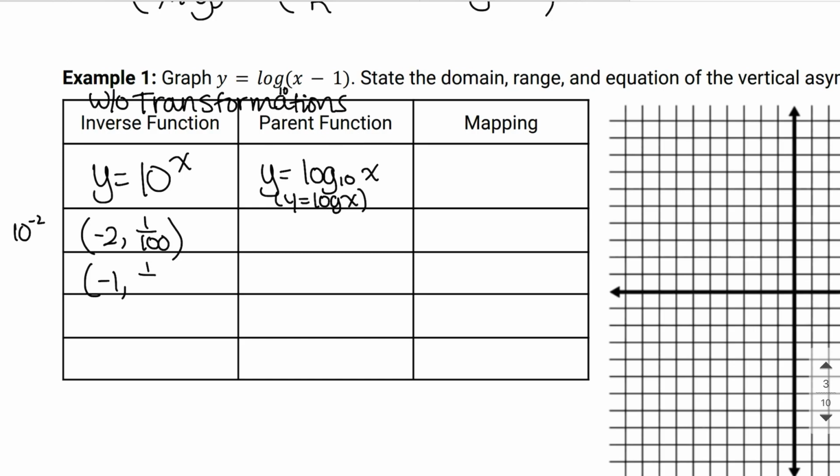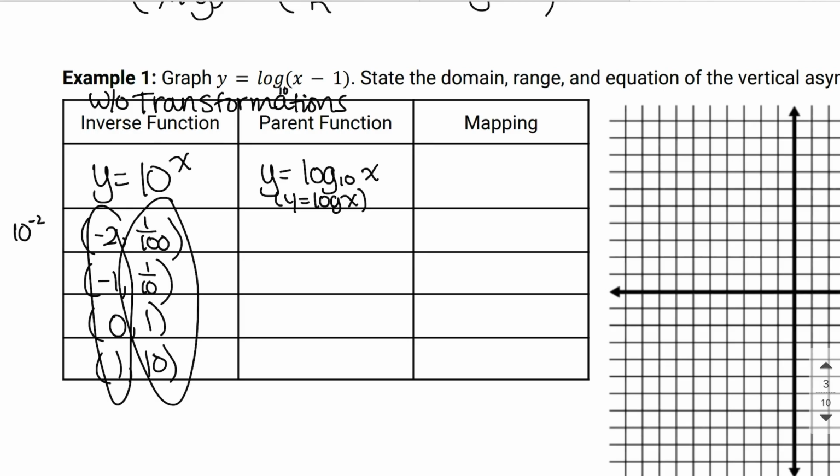If my input here is -1, then my output would be 1 over 10. If my input is 0, my output would be 1. If my input is 1, my output would be 10. If my input is 2, my output would be 100, et cetera. Remember, these are the exponents; this is what you get when you do 10 to the exponent.